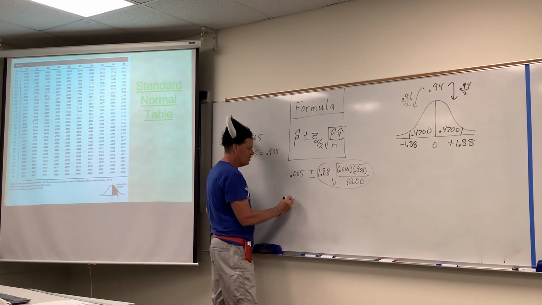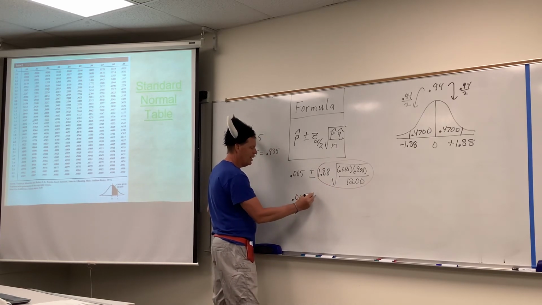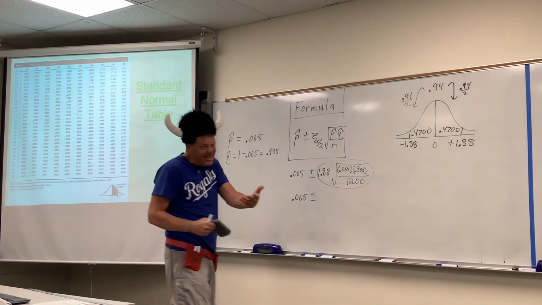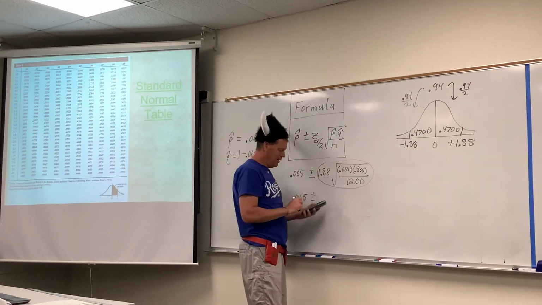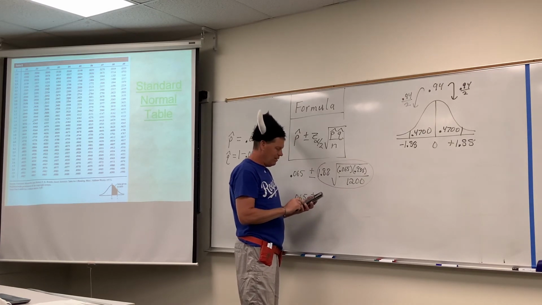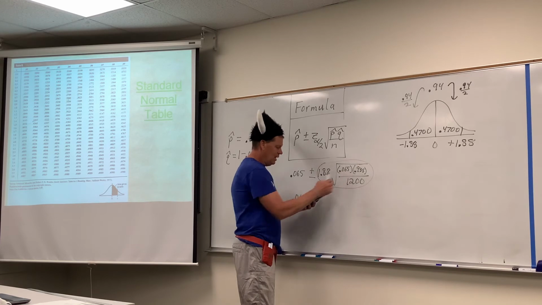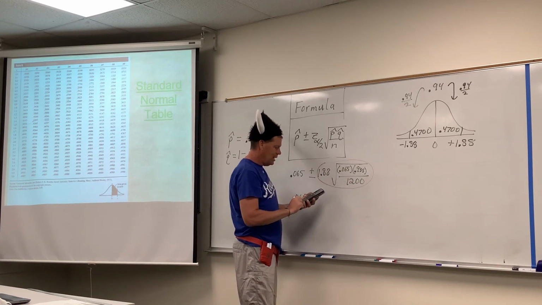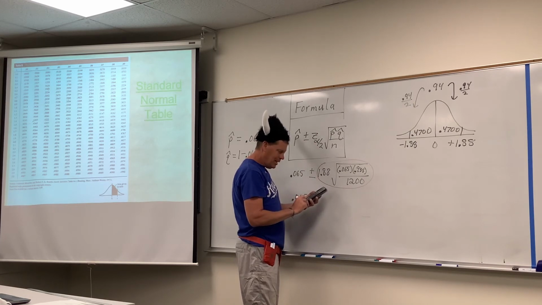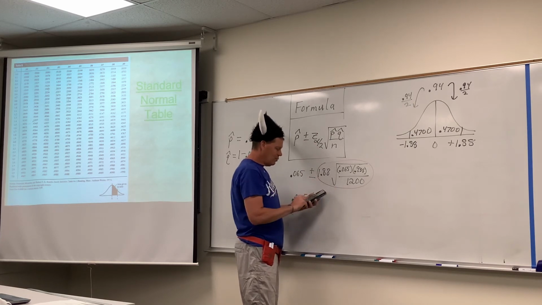I'll take you one more step here, maybe a couple. This is just arithmetic. So 0.065 times 0.935 equals, divided by 1,200 equals, and then take the square root of that previous answer, equals, and then times 1.88.